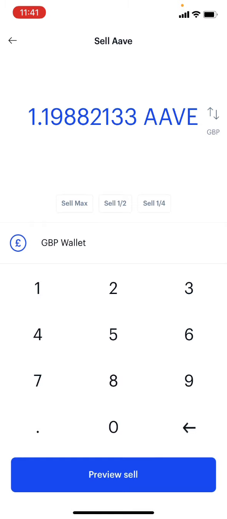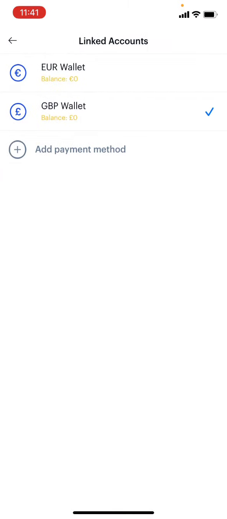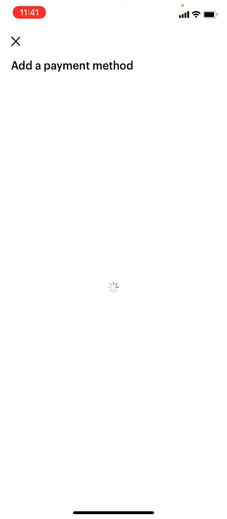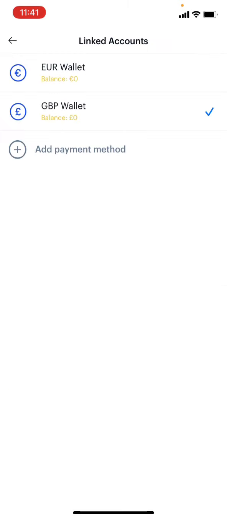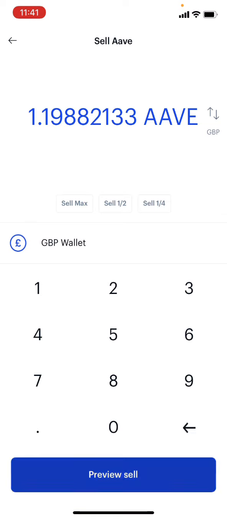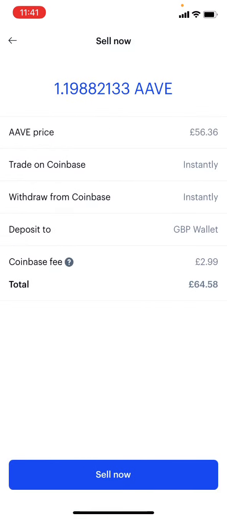And where does this money go? GBP wallet means it will stay in your Coinbase account, then you can transfer it. If you want to add any payment method, you can do that as well: PayPal, credit card, bank account. Now preview sell. You can see how much fees they charge: Coinbase 2.99 for selling 64.58 Aave, and it goes through instantly. If I click sell, it will sell, but I don't want to sell it.